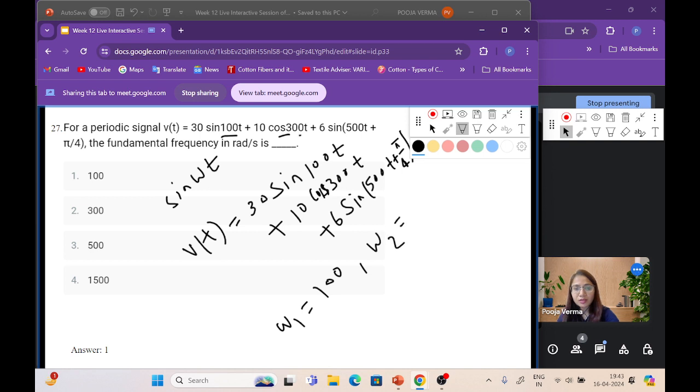That is 300. And the value of omega 3, I am taking omega 1, omega 2 and omega 3, is 500, right? So how will we find out the fundamental frequency?